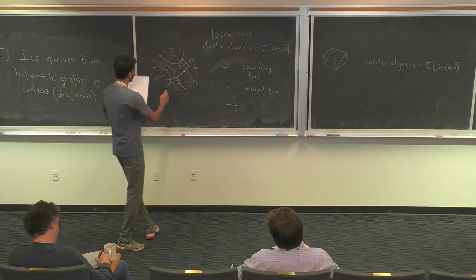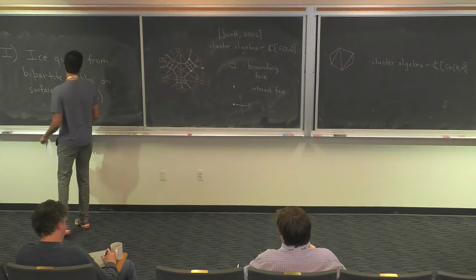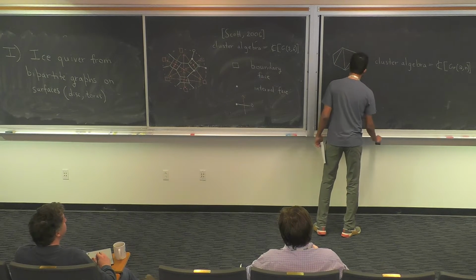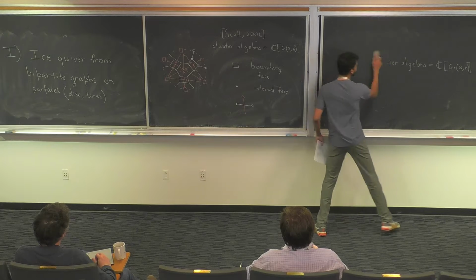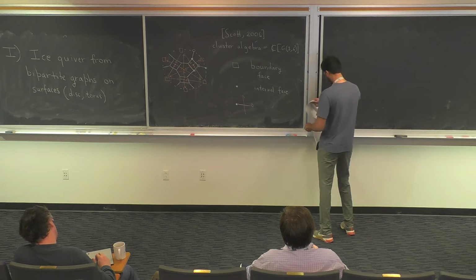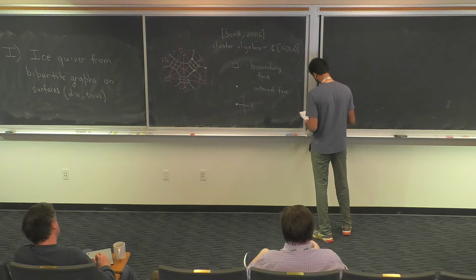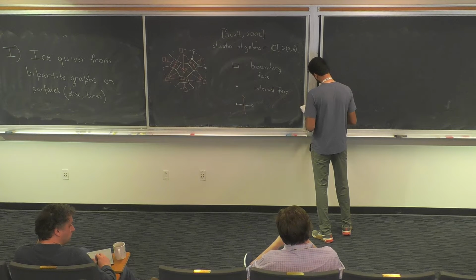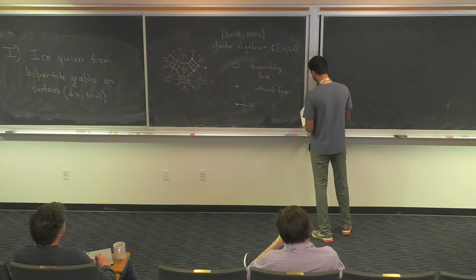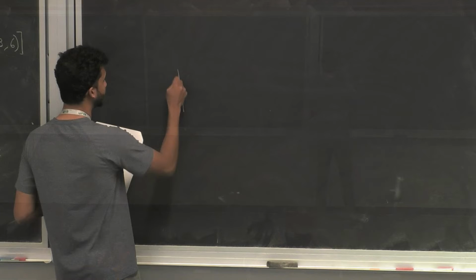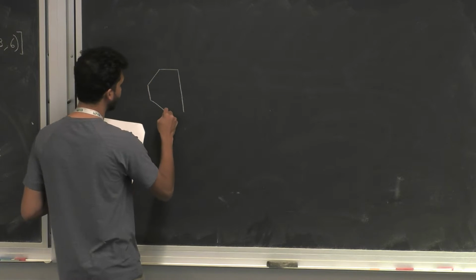So you could also look at quivers that you get on other surfaces. Here is a quiver that lives on a torus. Let's look at this bipartite graph over here, which is composed of a bunch of hexagons and a bunch of squares.